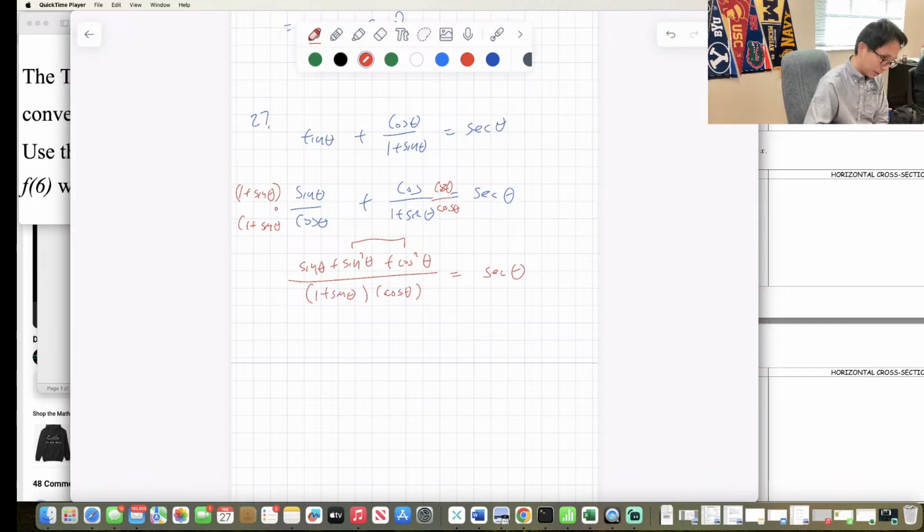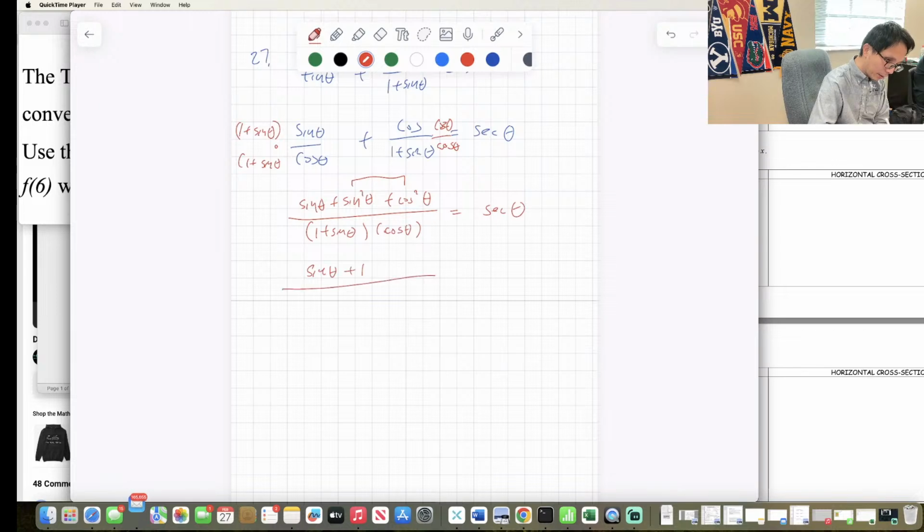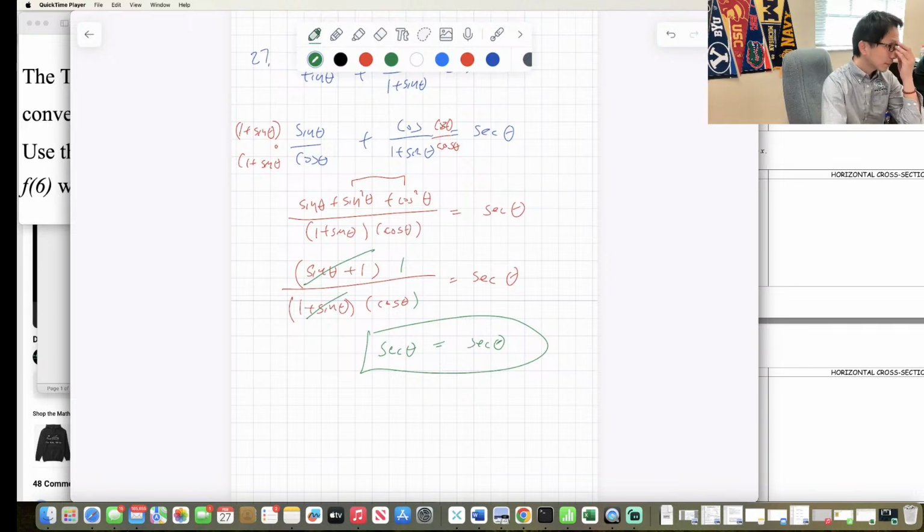So that's going to be sine theta plus 1 over 1 plus sine theta times cosine theta is equal to secant theta. So these two are associative property. I can cancel out because 1 plus sine theta is the same thing as sine theta plus 1. So technically, I can cancel out. I still leave a 1 outside. Every time I cancel, I leave 1 here. So that's going to be secant theta equal to secant theta. And that's the answer here. It's all algebra. It's not something crazy.